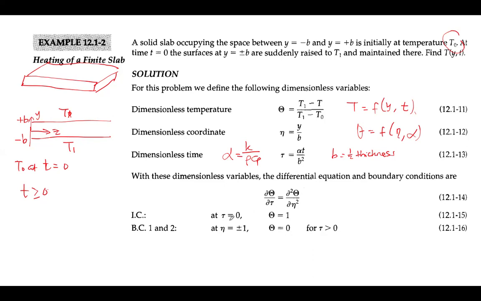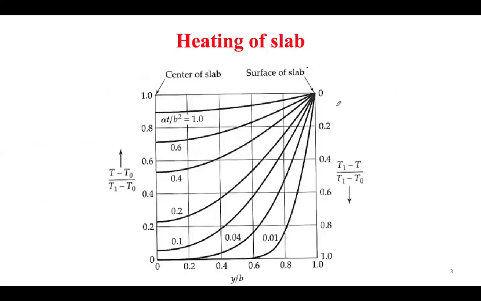And this is the initial condition and also the boundary condition, where at y equal to b and minus b, theta is equal to 1, and initially theta equals 0.